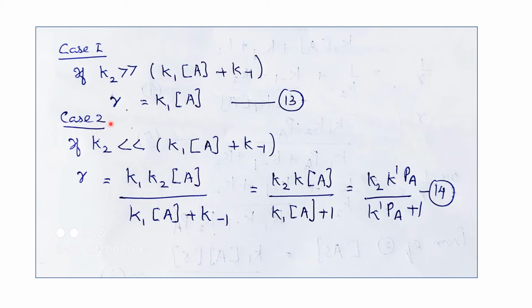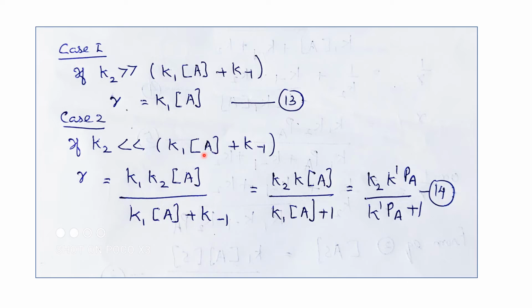Consider the second case. If the rate of decomposition is very small compared with the rate of adsorption and desorption, then K2 is found to be very much smaller than K1 into A plus K inverse 1.